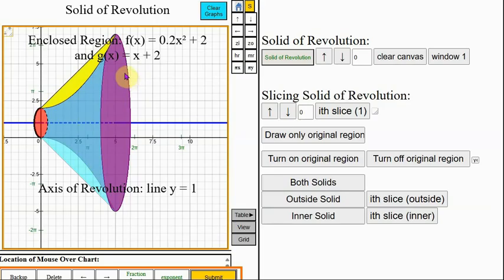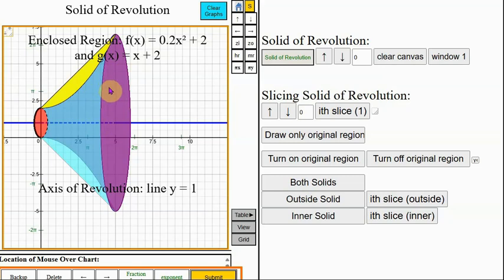And then the solid of revolution generated by the function f of x equal to 0.2x squared plus 2 will be the inner solid of revolution. And what we want is the solid of revolution between the outer solid and the inner solid.